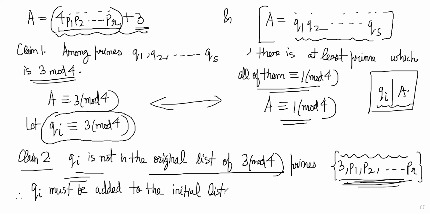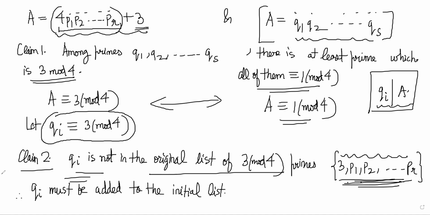But now we are getting a new Qi which is not part of the original list, which must be added to the list, right? So if I repeat this process endless number of times, I will be able to extend that list forever and ever, right? And therefore, we have proved that the number of 3 mod 4 primes is infinite, correct?